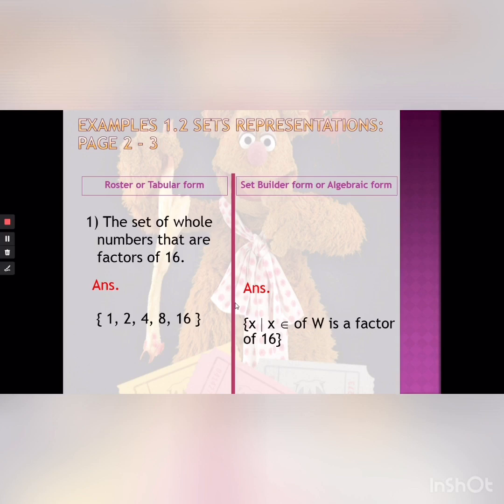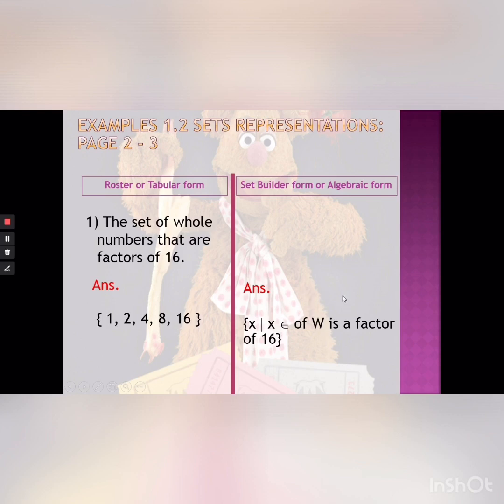So we have x such that x is an element of W, because we are talking about whole numbers. And if we cannot write it in mathematical notation, we can write it in words. So that will be x is a factor of 16. That's it. That's the answer in set builder form.